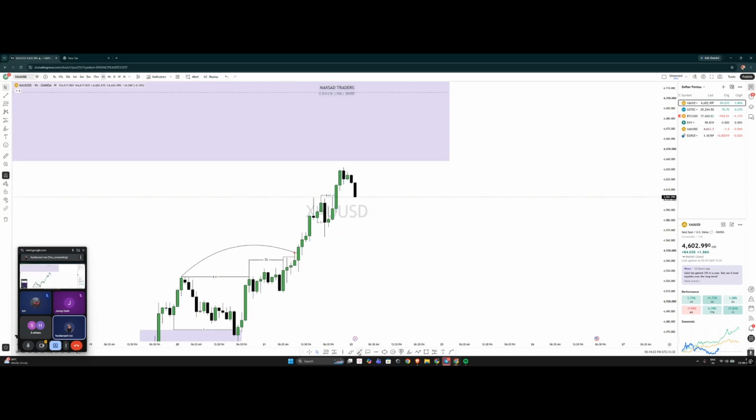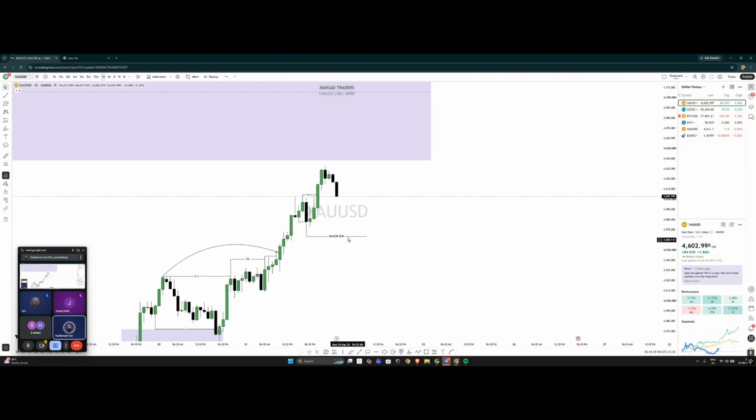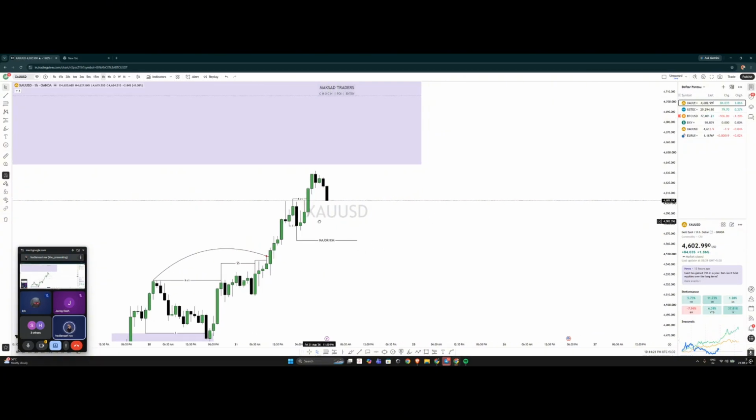So the market is going to take out this as a major inducement. Okay, so this will become your major IDM. With that major inducement, if we get it, then our high is going to be confirmed, and at this point we'll get the breakout structure.